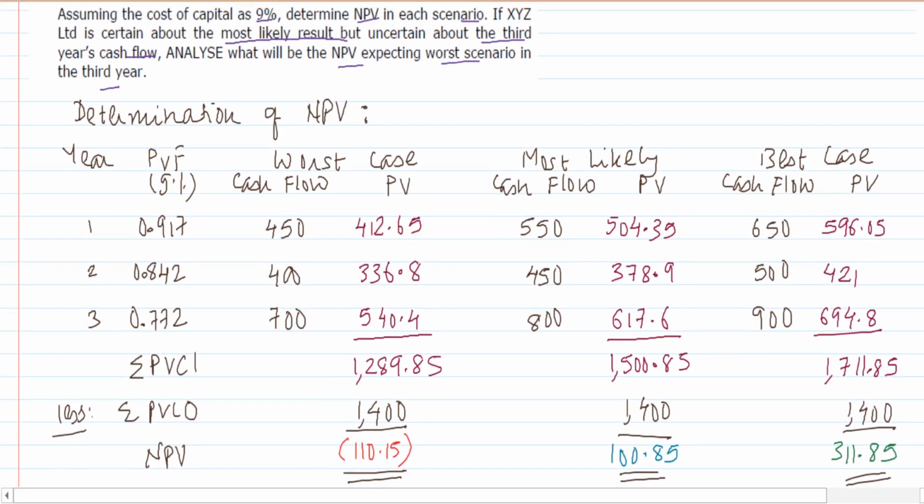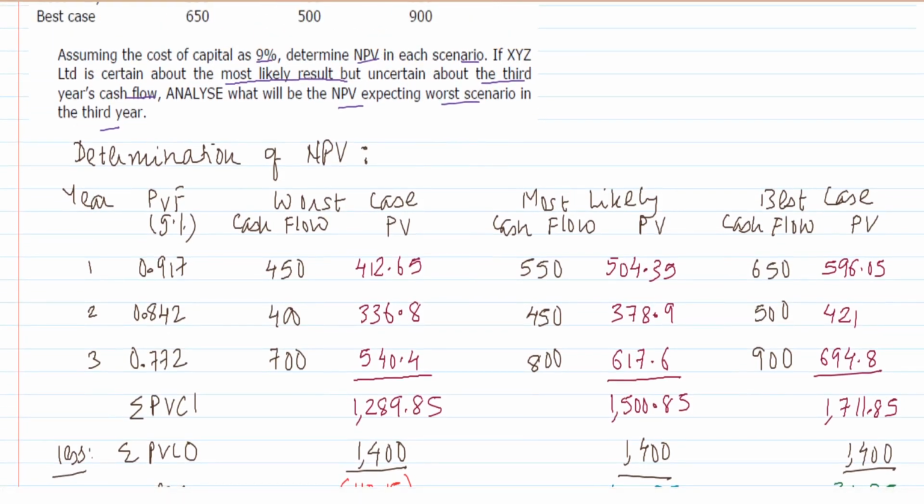There's yet another situation which they have given. They are saying if XYZ is certain about the most likely result, but uncertain about the third year's cash flow, and you are expecting a worst case scenario, then what will be the case?